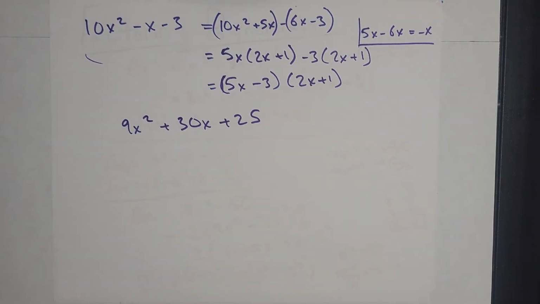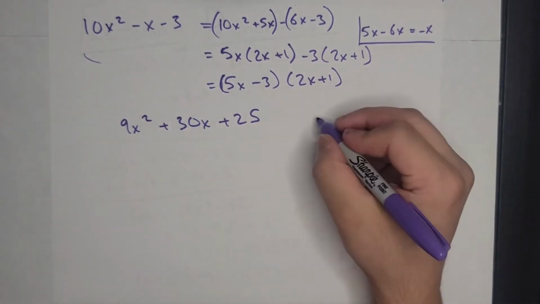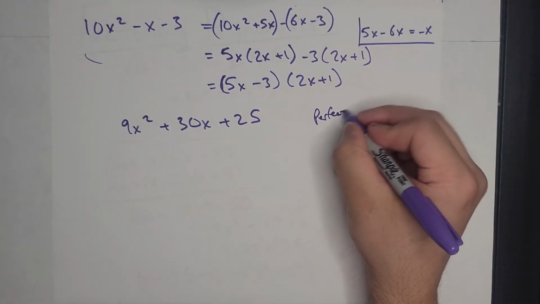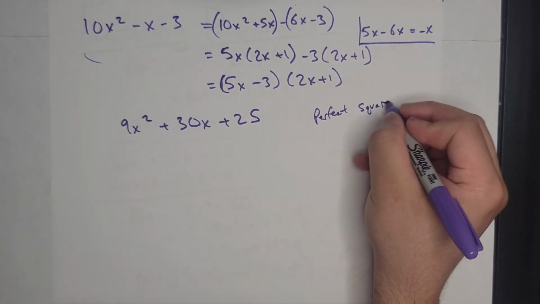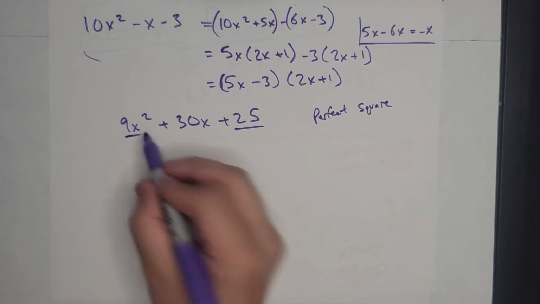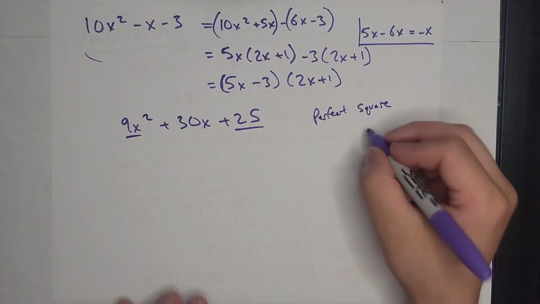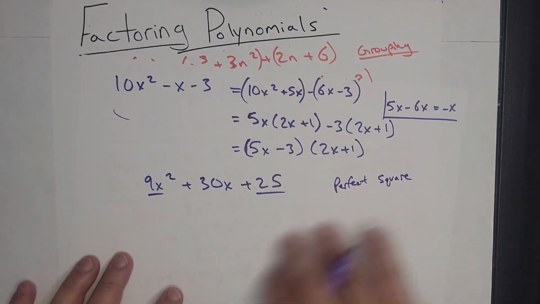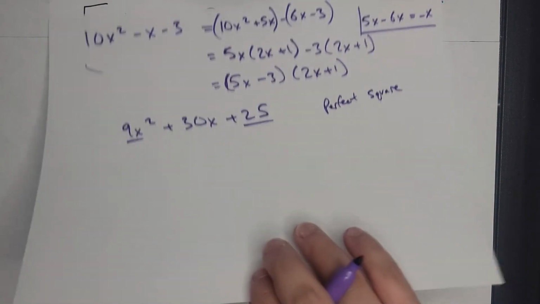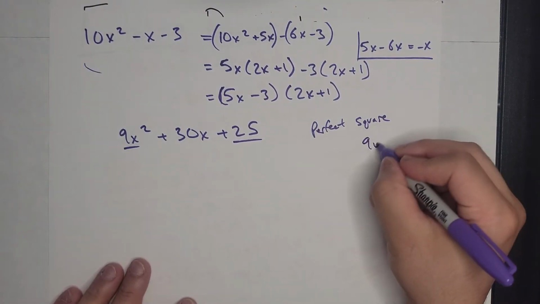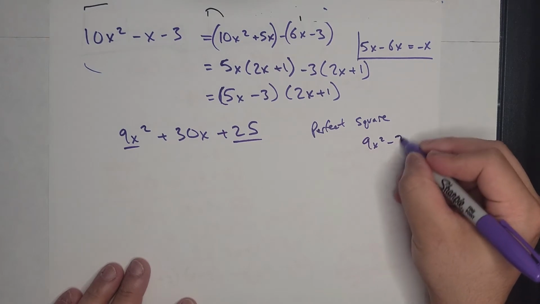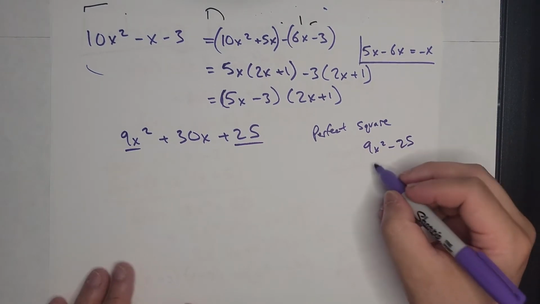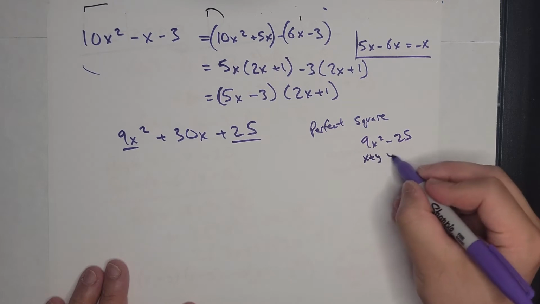I believe this looks like a perfect square. Again, notice the squares always. In the last one we had the 9x squared minus 25, which became x plus y, x minus y.